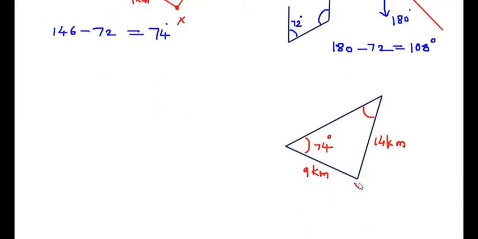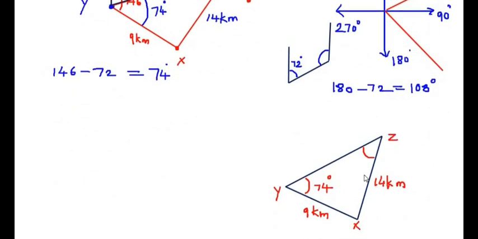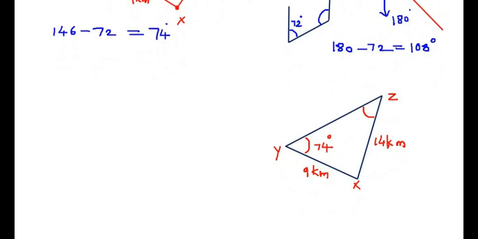So let me name them. This was X, this was Y, and this was Z. Now we are going to name the sides over here. Now to angle Z, the opposite side is 9 kilometers, so I'll write it as small z. Now to angle Y, 14 kilometers is the side opposite, so I will write it as small y.